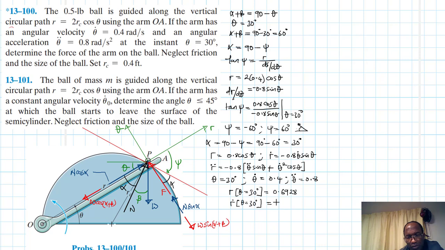This is equal to minus 0.1600. So 0.8 times 0.4 times 0.5 is 0.16.